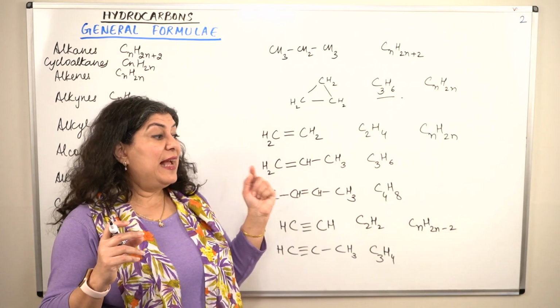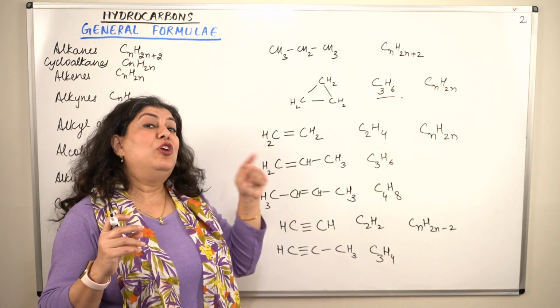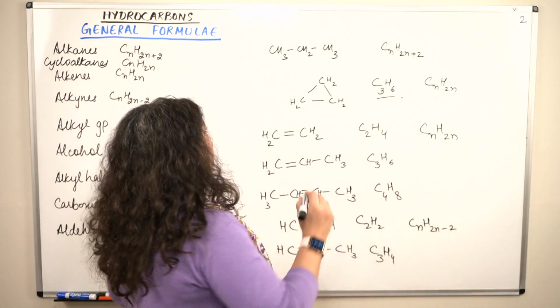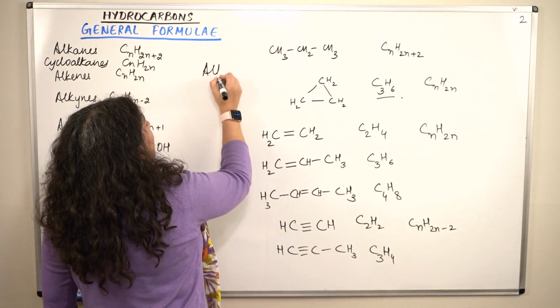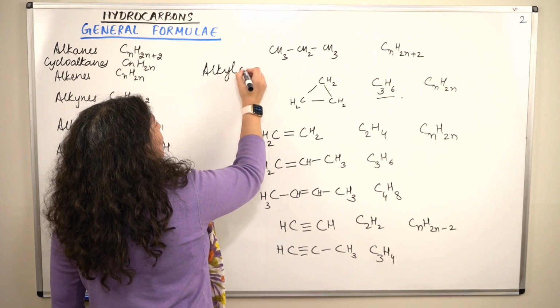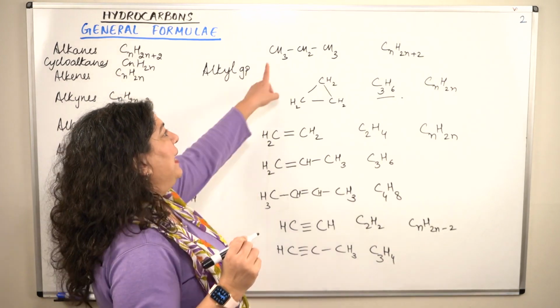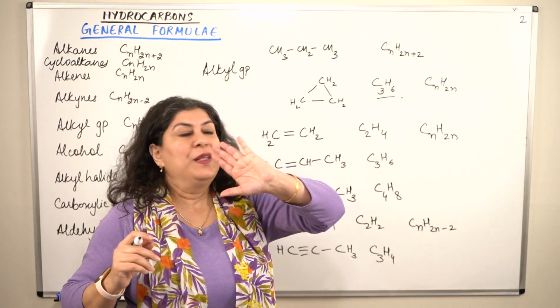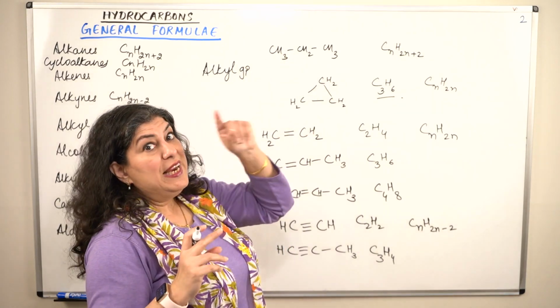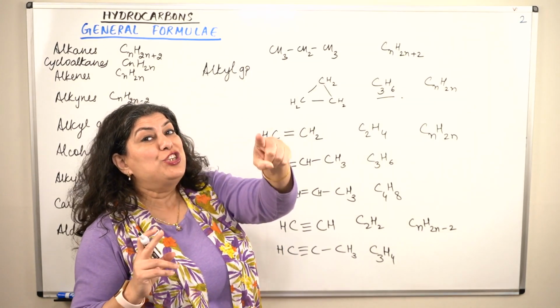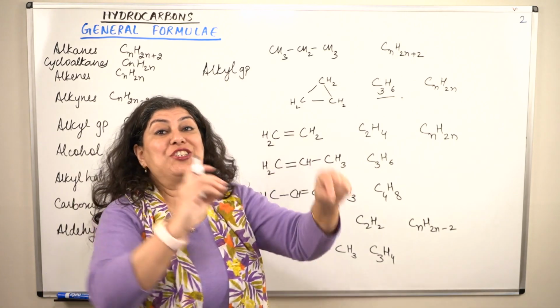As I told you, that joining should take place with the loss of a hydrogen. So an alkyl group is that active group where an alkane loses one hydrogen. It is that carbon to which the functional group will come and attach itself.